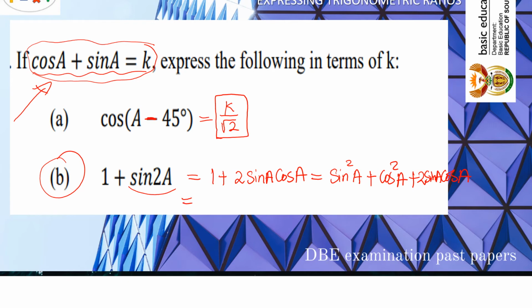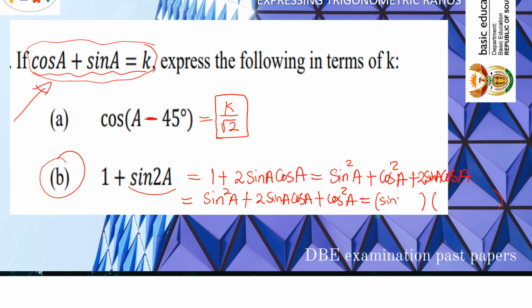Okay, let's now look. We can just arrange it in a way that we can factorize. I'll just write it as sine squared A plus 2 sine A cos A plus cos squared A. I'm just writing it in a way that I'll be able to factorize, right? So from here we can factorize. It's now factorizable.